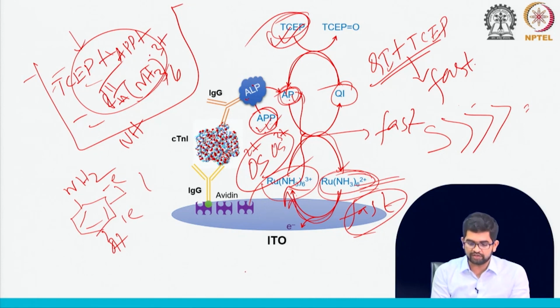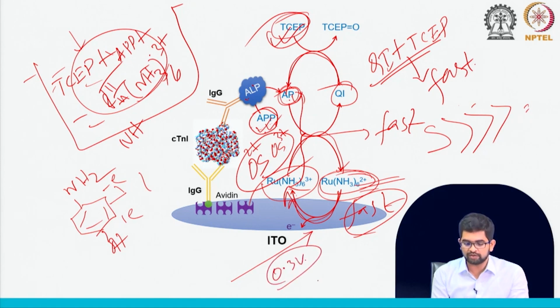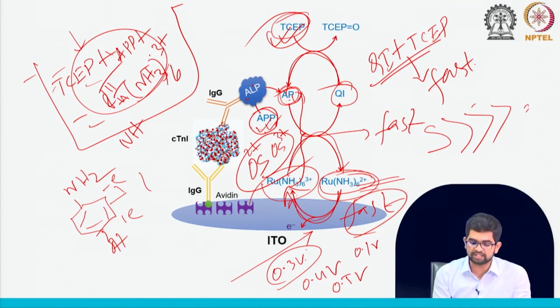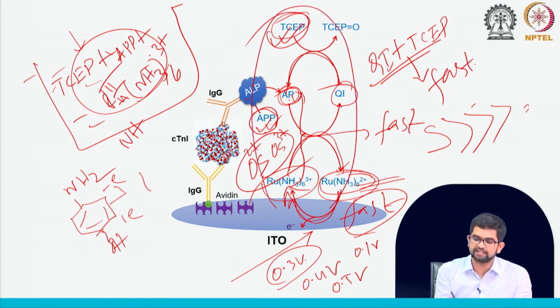And another thing, as I am always saying, we have to apply some potential. Suppose you are applying 0.3 volt, but you can apply 0.4 volt, 0.5 volt, or 0.1 volt, but which potential is the best to oxidize this ruthenium, that we can also optimize. In this way, we can predict whether this redox cycling is the best or not.